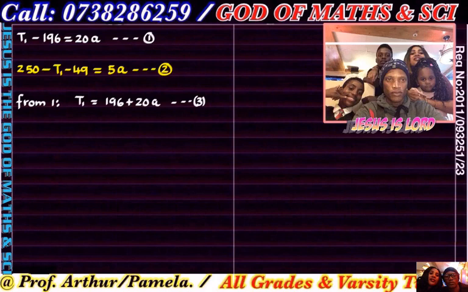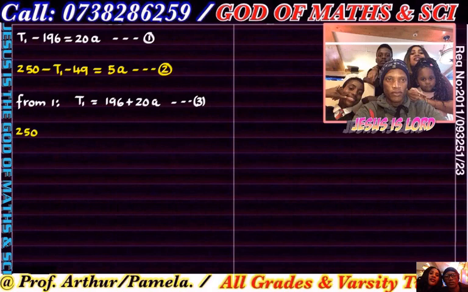So therefore, all of this needs to go here, but I must put them in a bracket because there's a minus that will change the sign of 196. That will change the sign of 20A, or I might as well change the sign one time. All right, so now after you substitute, you're going to have 250.